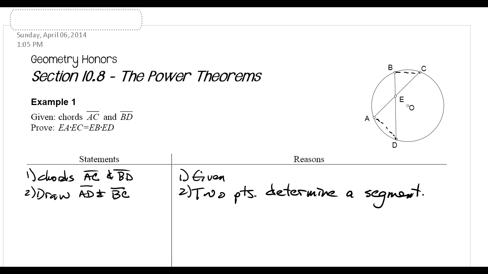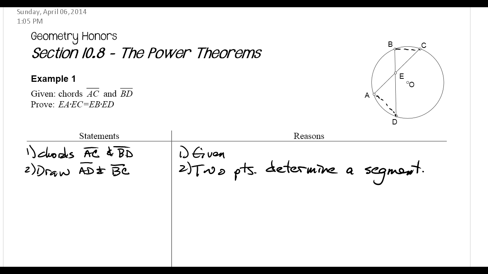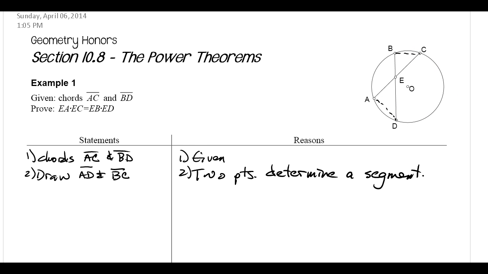And once we draw those in, I've got angle A and B, and I can see that those two angles intercept the same arc DC. So let me just highlight that. Here's arc DC, and I can see that angle B over here and angle A over here, they both intercept that same arc.